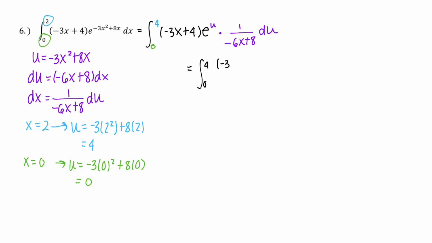I have this negative 6x plus 8 e to the u, and in this denominator, I'm going to factor out a 2. When I do that, I have negative 3x plus 4 left over, and that will allow me to cancel out these. So I have a 1/2 out front, integral from 0 to 4, e to the u du.